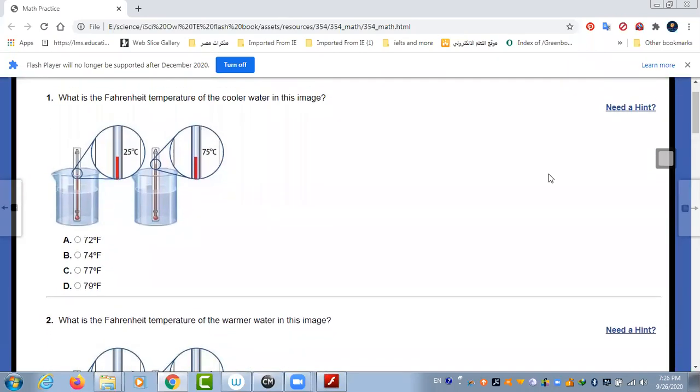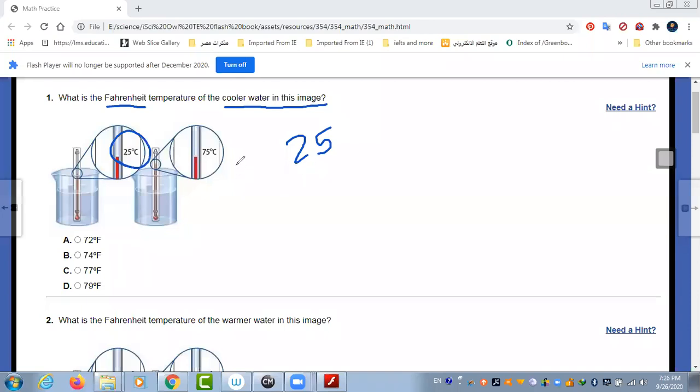For this one, how can we answer the question? He wants the Fahrenheit temperature of the cooler water in this image. What is the cooler water? The water that has the lower temperature, 25, so we have 25 degrees Celsius.